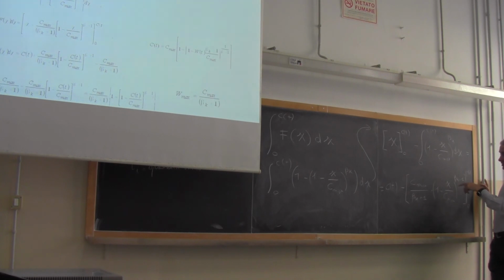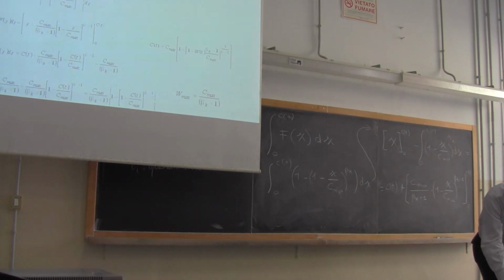This is the derivative of an exponential, so what I get here is the beta k plus 1, which multiplies the argument of the exponential to the exponent minus 1 times the derivative of the argument of the exponential, which is minus C max. So I would say that everything is probably correct with the exception of a minus sign, because I have a minus sign here, so I think I have to put a plus here. Okay, let me check if everything is correct. Yeah, it's correct.